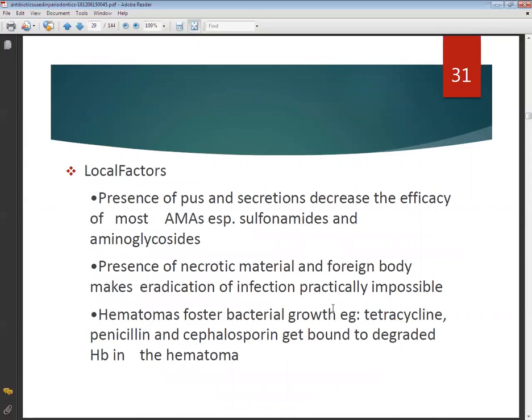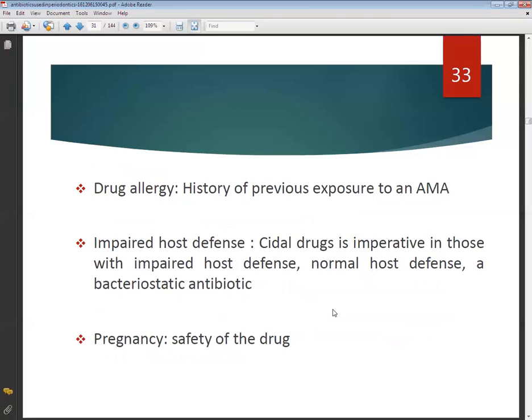Then the second factor is local factors. In local factors, the presence of pus and secretions decreases the efficacy of antimicrobial agents. The presence of any necrotic material or foreign body may make eradicating the infection practically impossible.